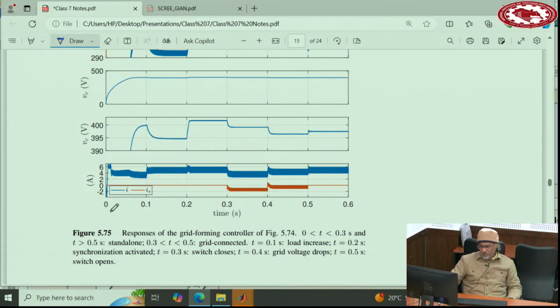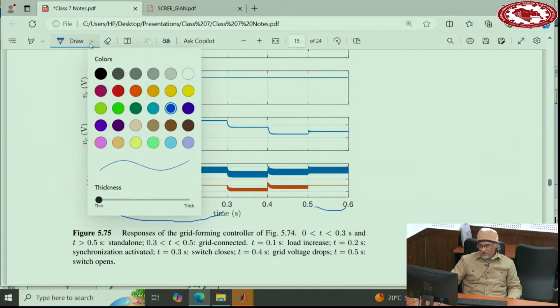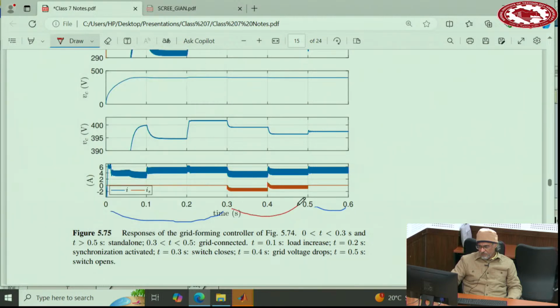So again, from here to here is disconnected from the grid, and again here disconnected from the grid, and the other part is connected to the grid. When disconnected from the grid, the disturbance that you can apply is to change the load. And when it's connected to the grid, the disturbance that you can apply is to change the grid voltage.